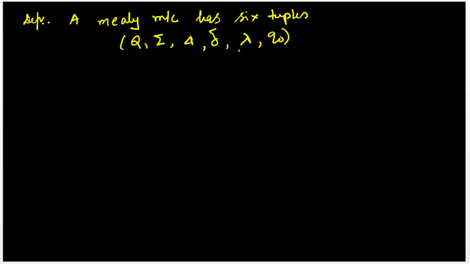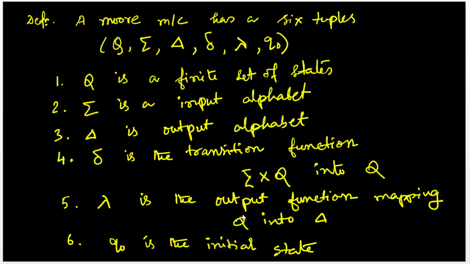As we have mentioned, lambda is the output function. Here this output function lambda is a mapping from sigma cross Q into delta, because in a Mealy machine the output depends on both the input as well as the present state. But in case of a Moore machine, it depends only on the present state.